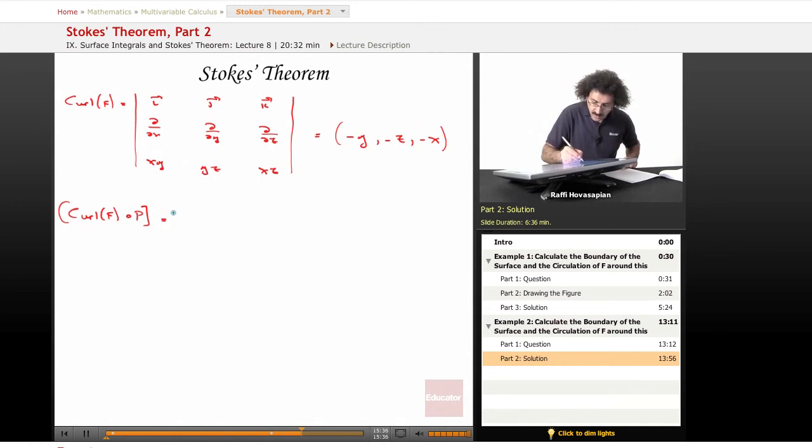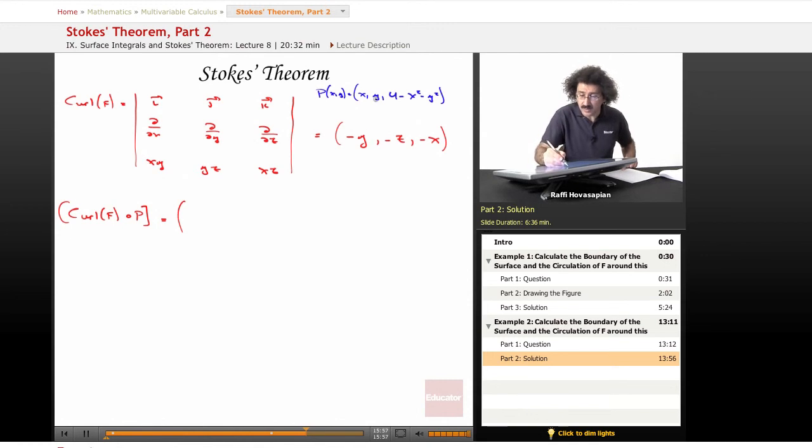Equals minus y. Let's write down what the parameterization is so we remind ourselves. The parameterization of (x, y) is x, y, 4 minus x squared minus y squared. So minus y just stays minus y.